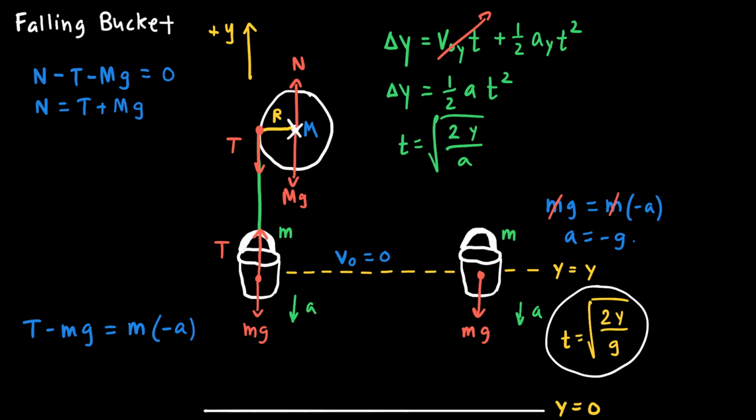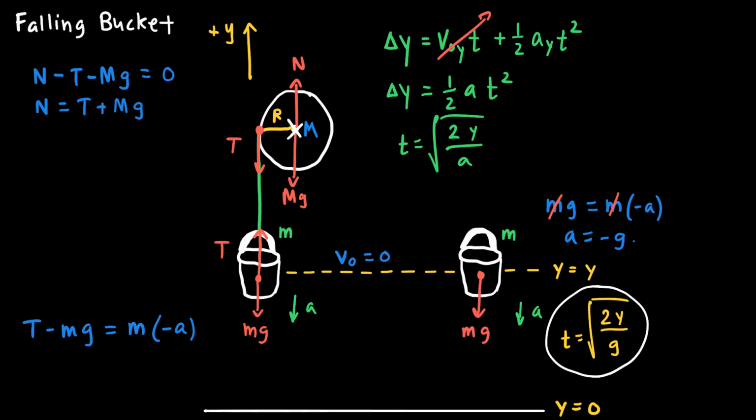The tension causes a torque that causes the rotation of the pulley. And so if I can write a torque equals I alpha equation, Newton's second law for rotation, that includes a torque due to the tension, then I should be able to get an expression for the tension that I can plug into my force equation down below.